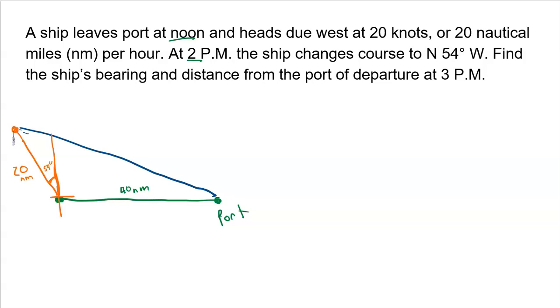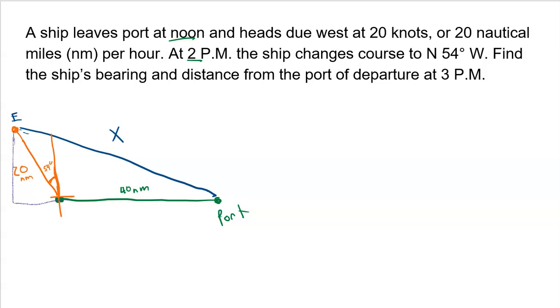I could drop this straight down here, and then I have a big right triangle, right? That actually might be the best thing to do, because this big right triangle's hypotenuse is the distance from my endpoint to port. So that's the distance I want to find. That's kind of cool, because that's the big distance right there.